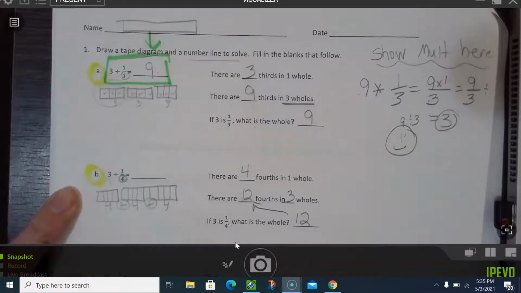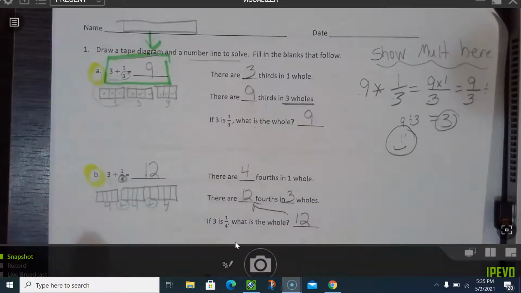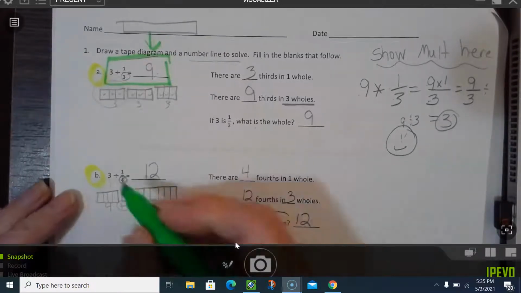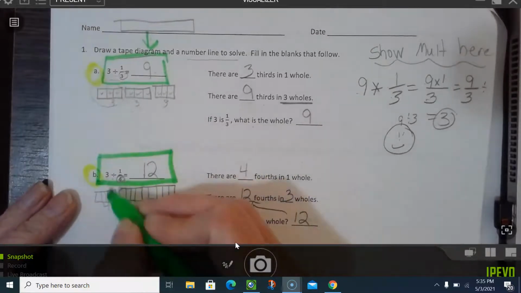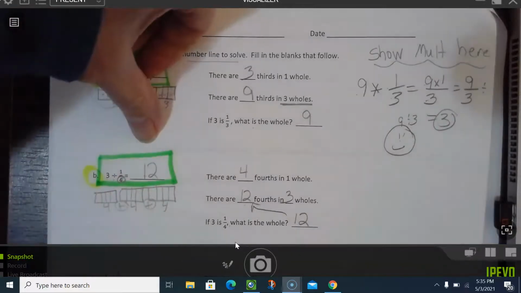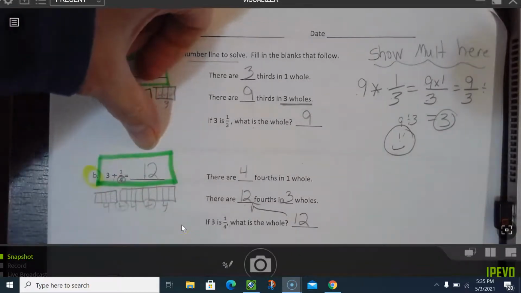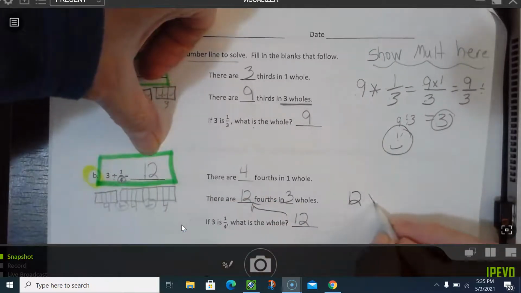Now I'm going to check my work. So this answer is 12 right here. I'm going to take this number sentence that had division, and I'm going to check it with multiplication. I'm going to start right on my end point here, which is 12. And then instead of divide, I'm going to check it with multiplication.